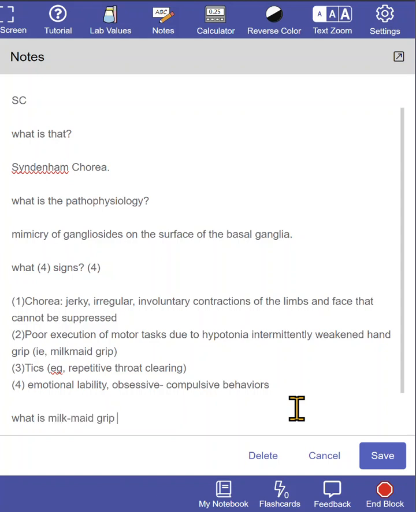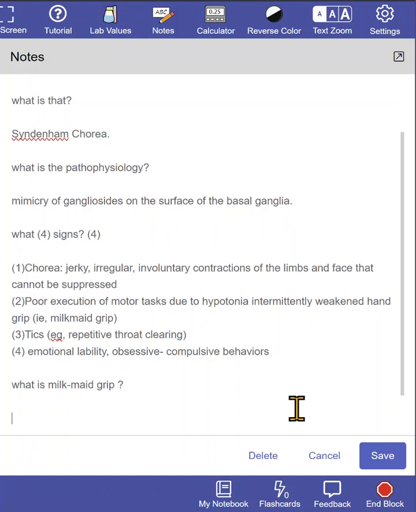I always break up the words so it's not overwhelming to read. Milkmaid grip is when you have decreased tone, and an intermittent, weakened hand grip.